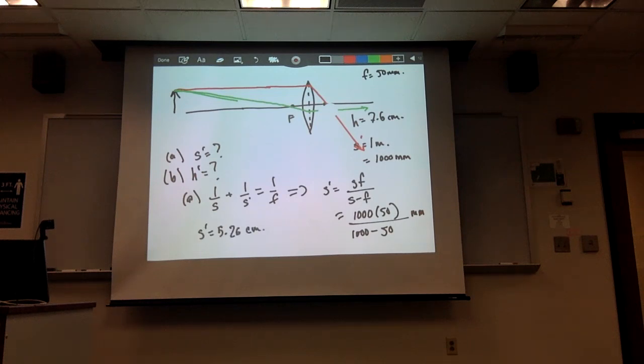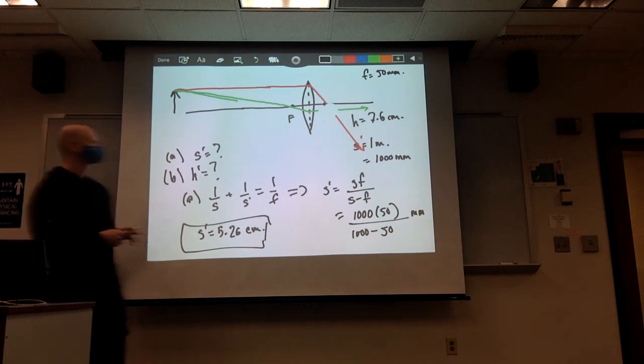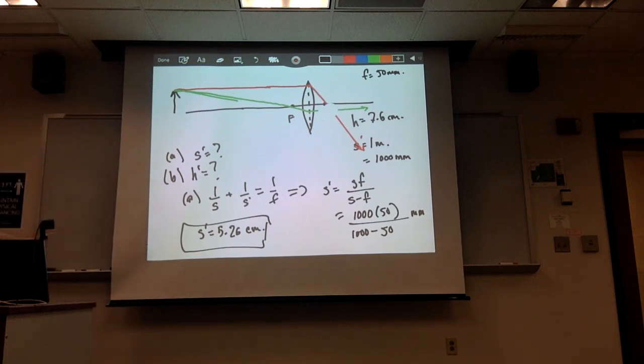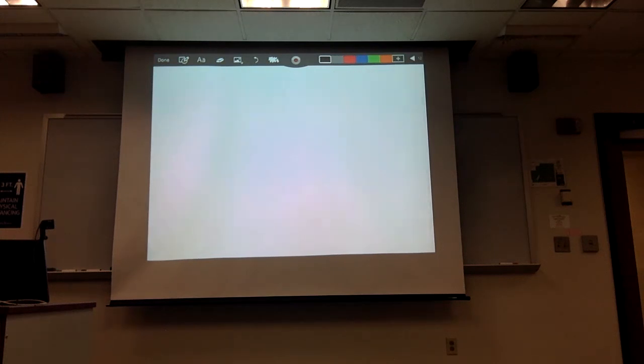I'm going to change unit systems on you. So this is my image location, which is about 52.6 millimeters. Again, it's a little bigger than the focal length, as we said it should be. Good.